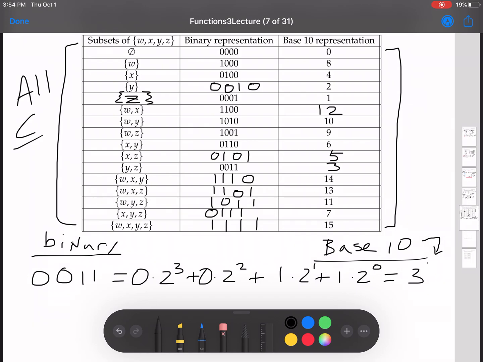We can even check that. Let's use grade. You've got 0, 1, 2, 3, 4, 5, 6, 7, 8, 9, 10, 11, 12, 13, 14, 15. So all of these are unique.